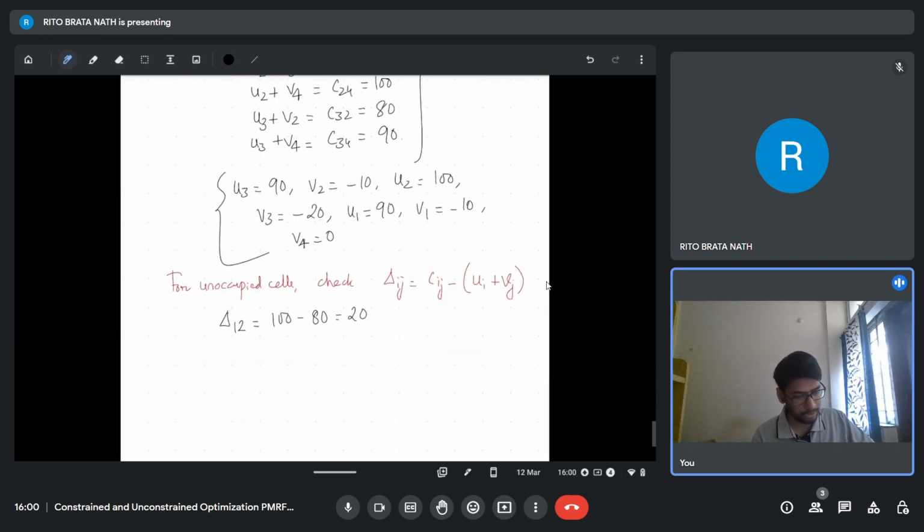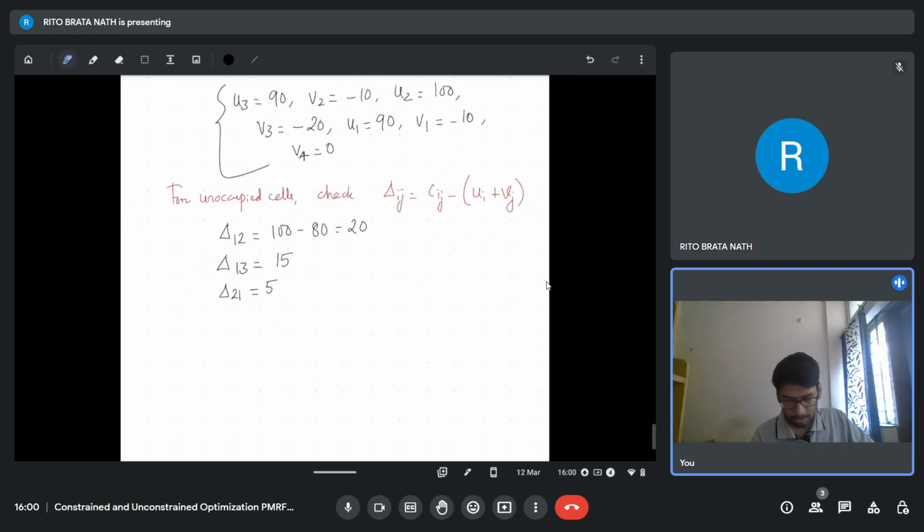Similarly, if you calculate, we'll get delta 1 3 as 15, delta 2 1 as 5, delta 2 2 as minus 5, delta 3 1 as 10, and delta 3 3 as 25. So only this one is less than 0.